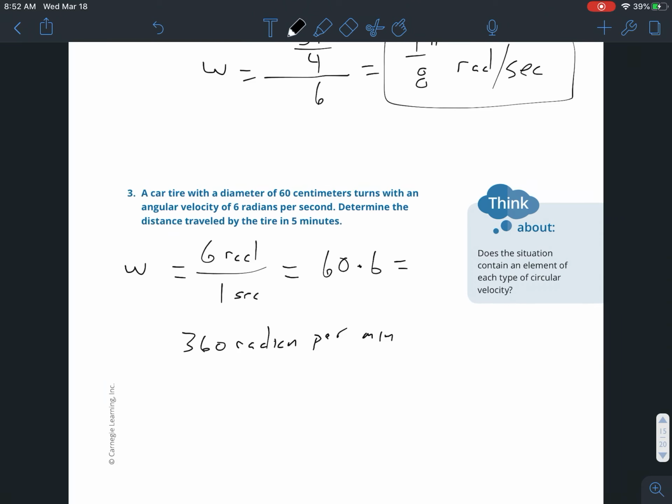Now we have to find 5 minutes. So we take 360 times 5, and that comes out to 1,800 radians. So our theta, that symbol that I just drew, is equal to 1,800.